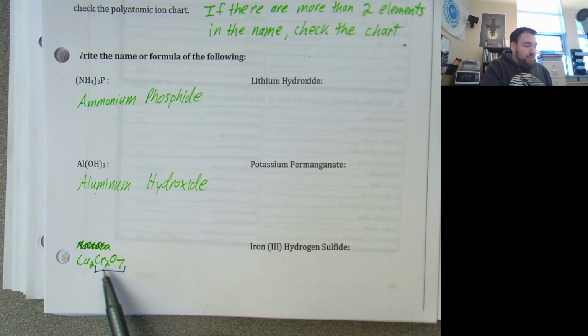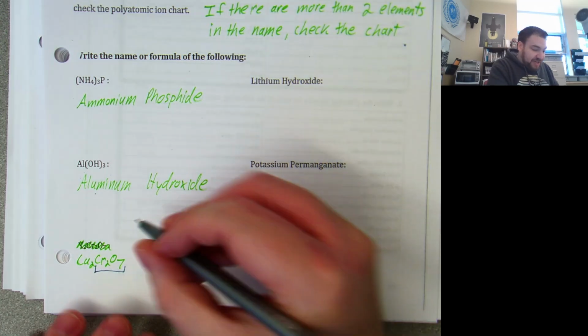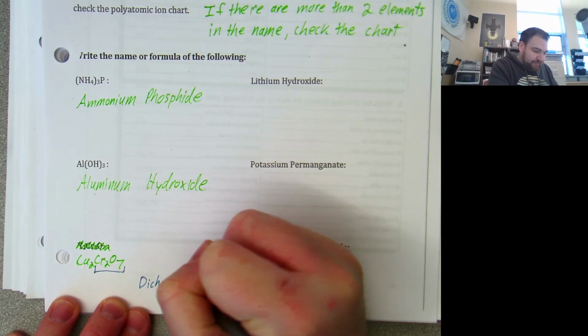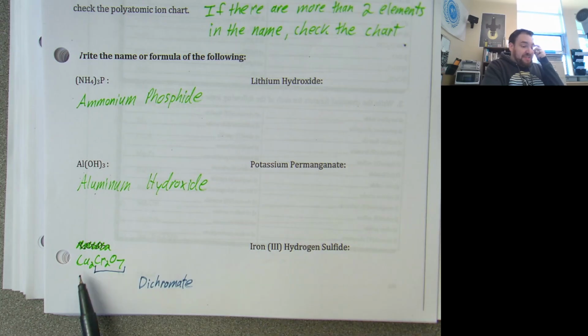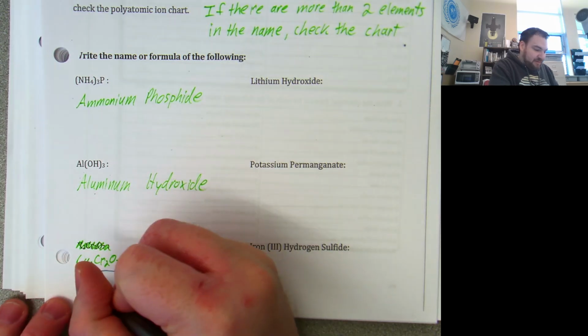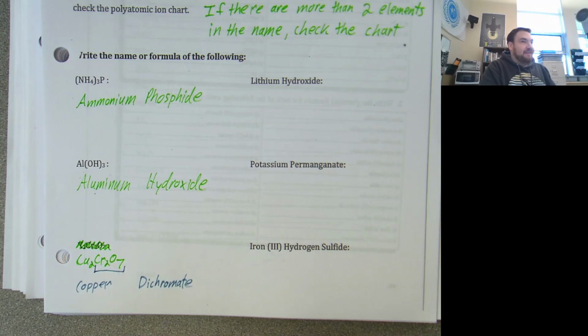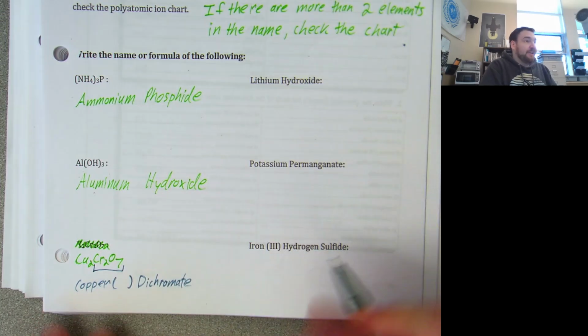The Cr2O7 is called dichromate. Which means Cu is what? Copper. But take a look at the periodic table. Does copper have multiple possible charges? Yeah, so we're going to need to throw a Roman numeral in here.